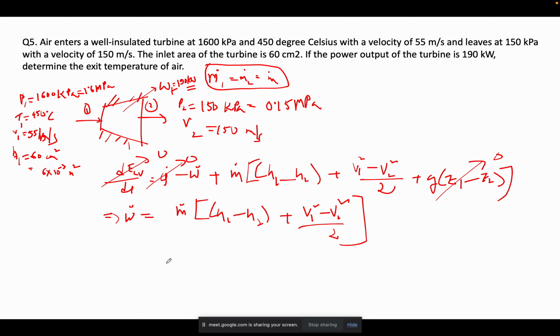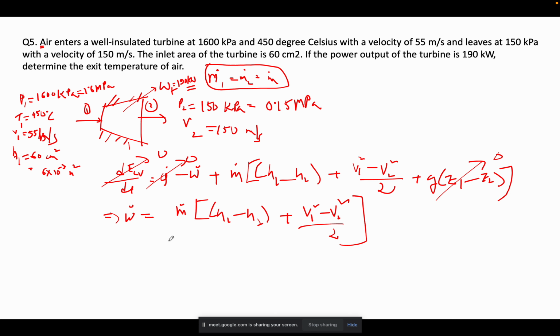Okay, so now this is air, so we cannot go into the steam table and look. Whatever we need, these all things should be calculated by some other means. So how to calculate H1 and H2?